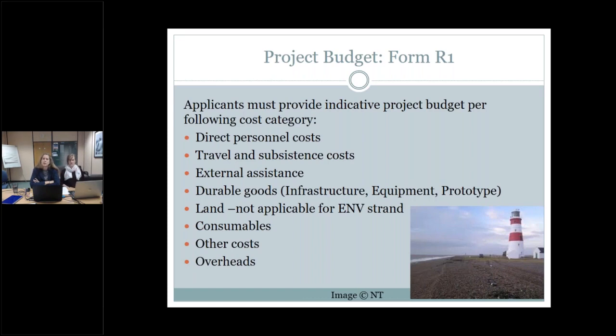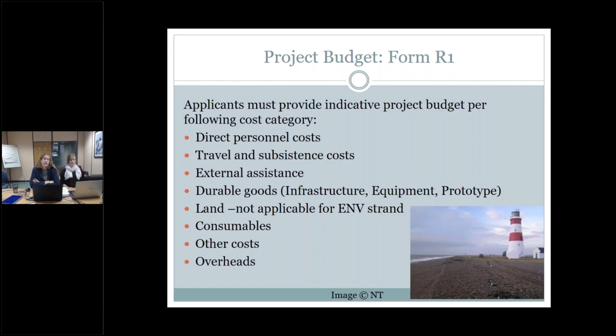As I've already mentioned, you will also need to fill in an indicative high-level budget in the R1 form, and you can see the budget headings listed on this slide here, and they include the direct personnel costs, travel and subsistence costs, external assistance, durable goods like infrastructure, equipment, prototype, land purchase that is not applicable for the environment strand, consumables, and other costs and overheads.